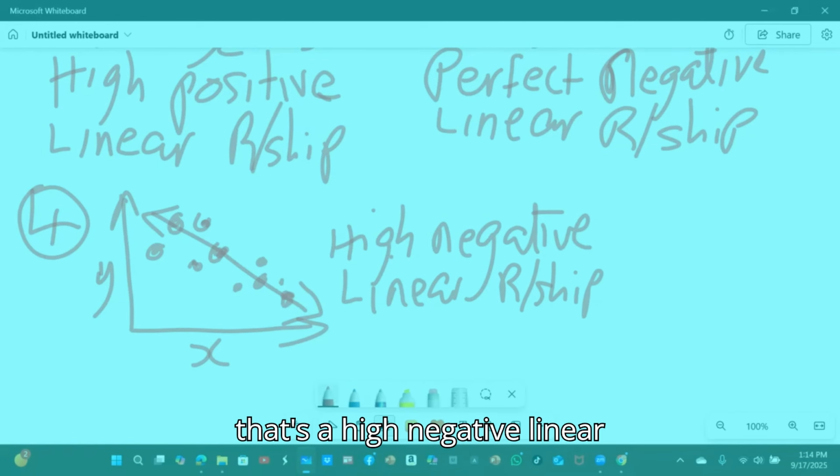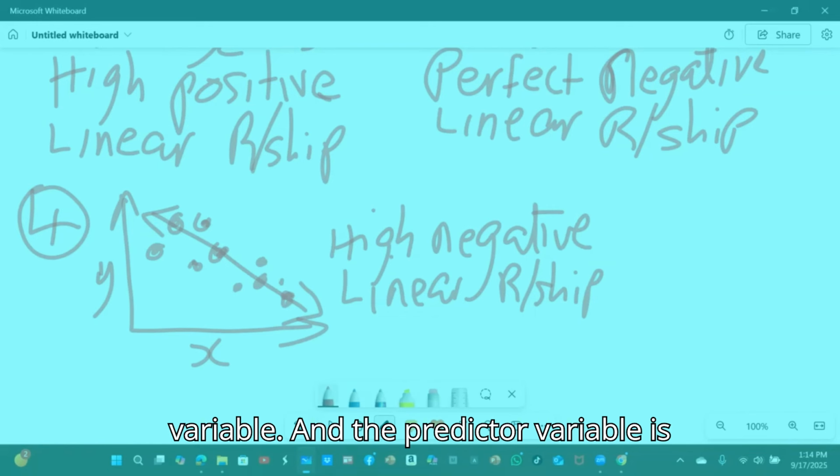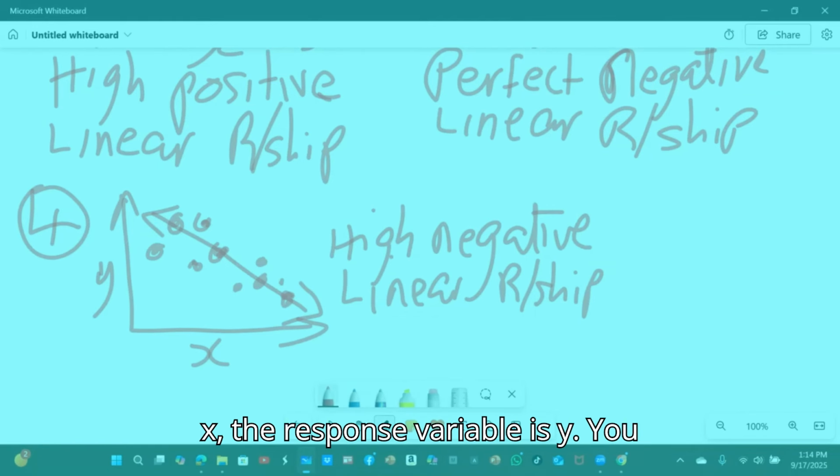So that's a high negative linear relationship between the predictor variable and the response variable. And the predictor variable is x, the response variable is y. You see, I'm comparing two variables.